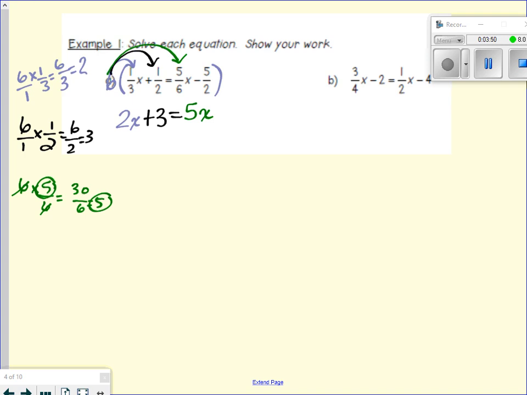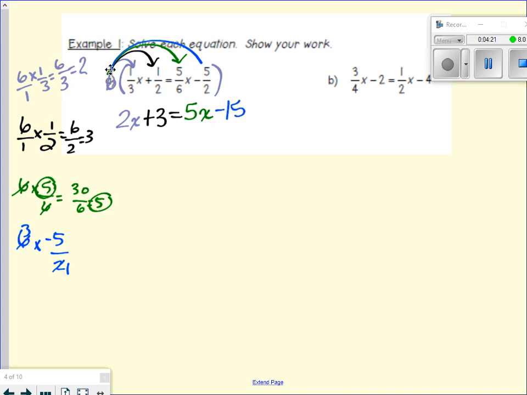And we have 6 times a negative 5/2. Again, you can simplify diagonally. So 3 times -5 is -15. All right, there we are. No fractions, so now we're back where we were earlier this week.